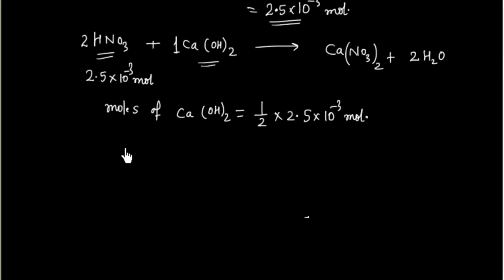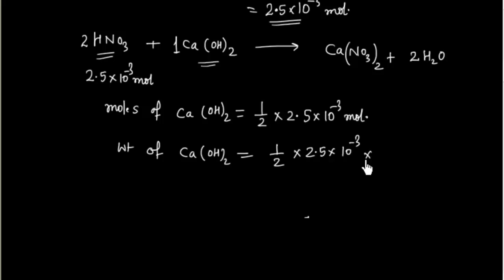If I know the moles, we can calculate the weight of calcium hydroxide. This is moles times molecular weight, and the molecular weight is 40 plus 34, so this is 74 grams per mole.